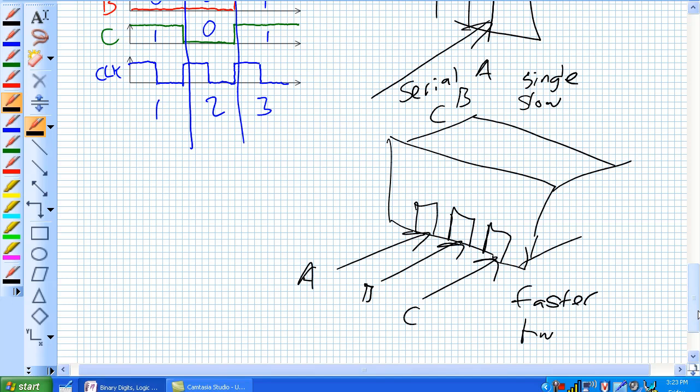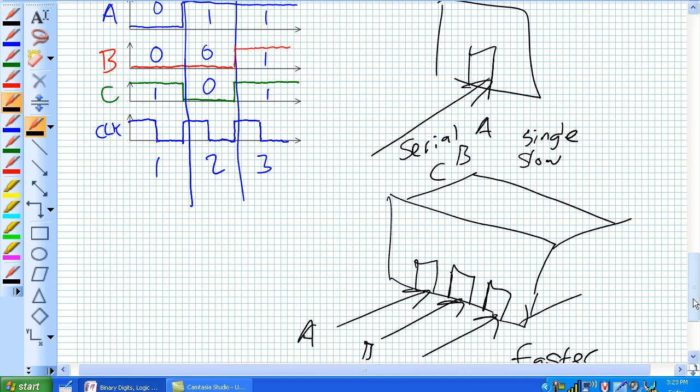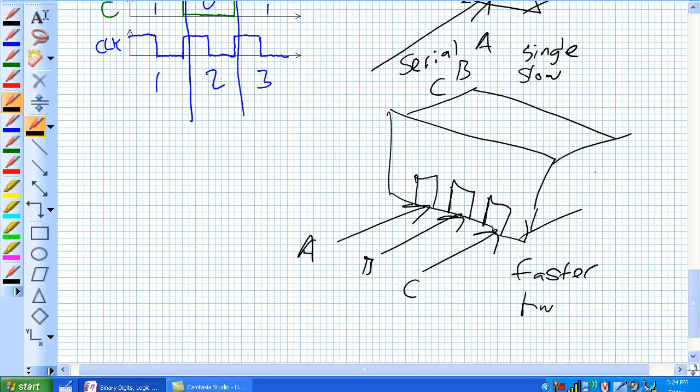So if it took us 1 second to transfer a single bit, how long would it take for A, B, and C to get in if they were using serial? Well, it would take you 3 seconds. Bit A took 1 second, B 1 second, C 1 second, and you used a single wire. How long does it take for a parallel communication, though? Only 1 second, because each individual bit is being simultaneously transferred in parallel. Disadvantage, we've got 3 wires as opposed to 1. Okay, we are going to go on to some basic intro to logic operations.